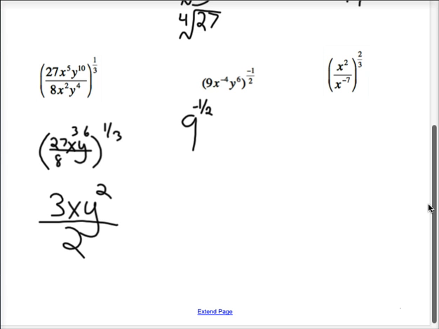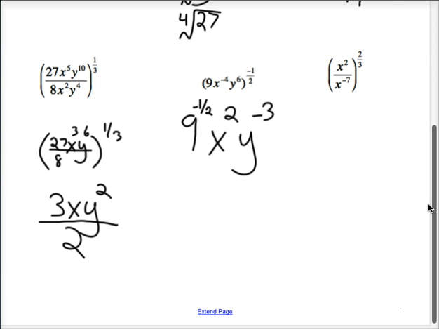Now, for the x, a power of a power, we're going to multiply. So negative 4 times negative 1/2 is a positive 2. And again, that y to the 6, we have a power of a power. 6 times negative 1/2 leaves us a y to the negative 3.